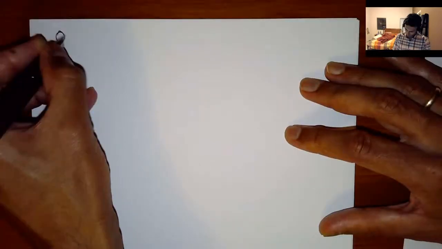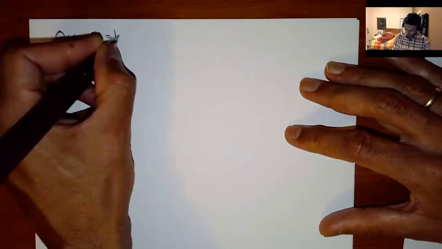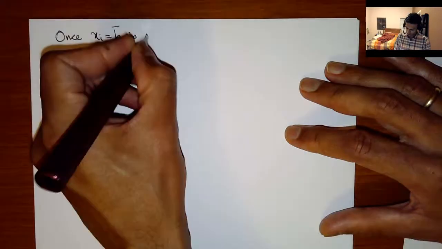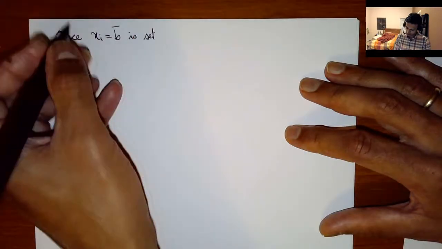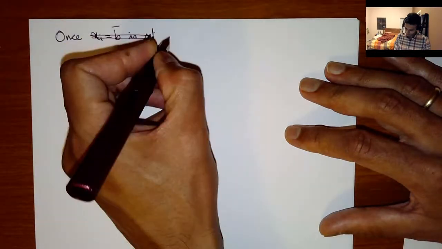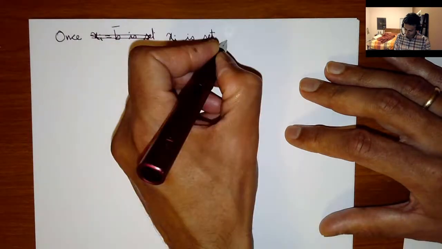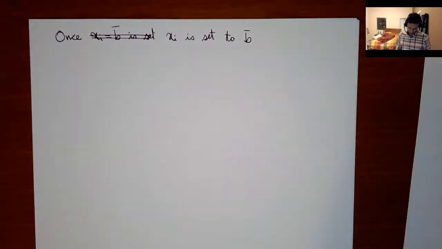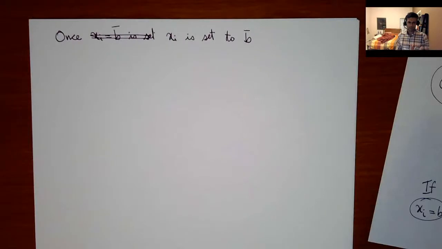So once xi is set to the negation of b, where b is either 0 or 1. I should have explained, b is just a bit, 0 or 1.